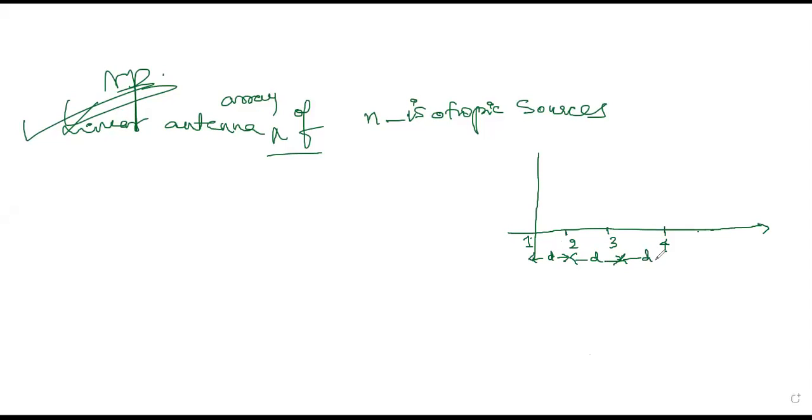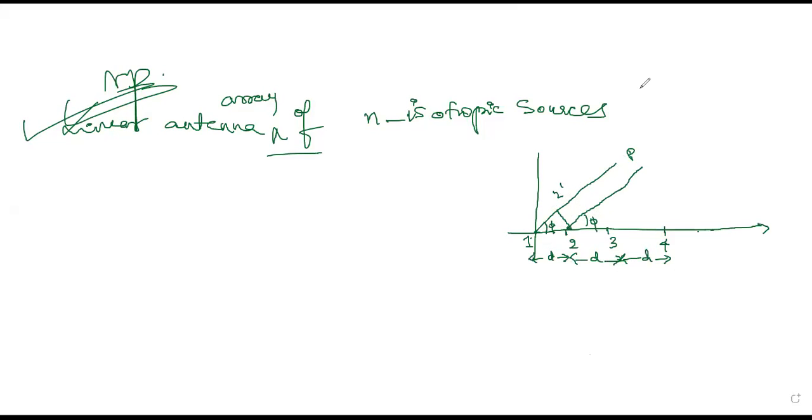Similarly, 2 and 3, and 3 and 4. And you have to find out the path difference. Similarly, there is a point P somewhere, and you will be trying to reach that point. You have angle phi, as well as 2 dash, where you will be finding out the path difference.